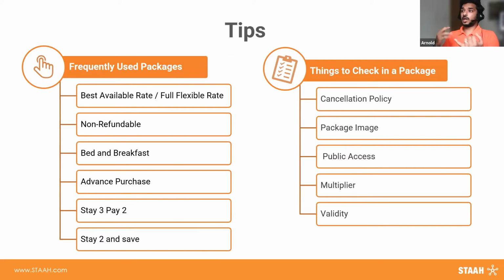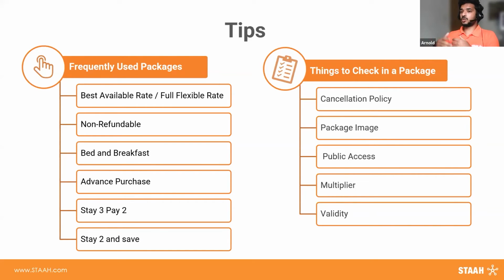So you can create a best available deal. If you don't have one, you could create a non-refundable deal, a bed and breakfast deal. So in case you do not have a restaurant on site, you could probably tie up with a local restaurant, which is probably 2 minutes down the road, create a deal with them, and send your guest across to them for breakfast. So bed and breakfast deal. You could think of advanced purchases.